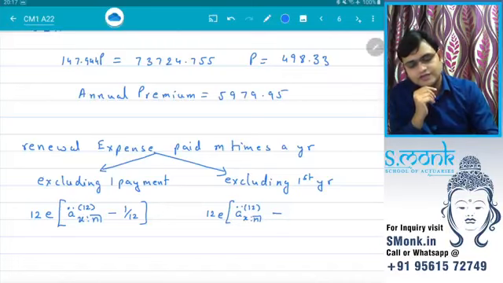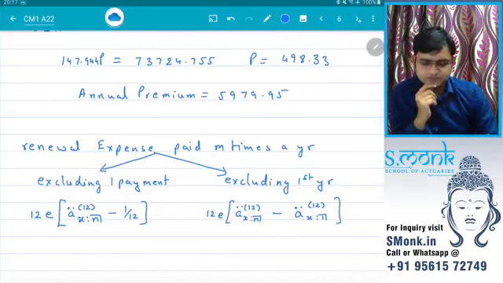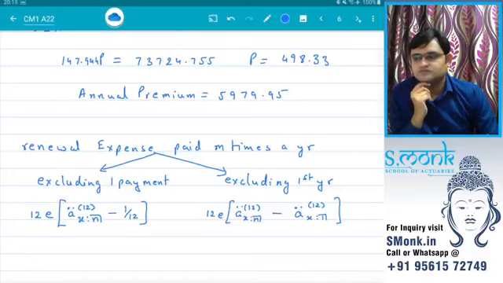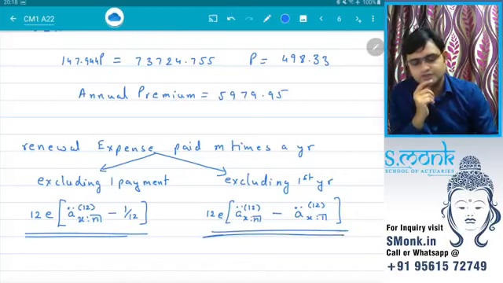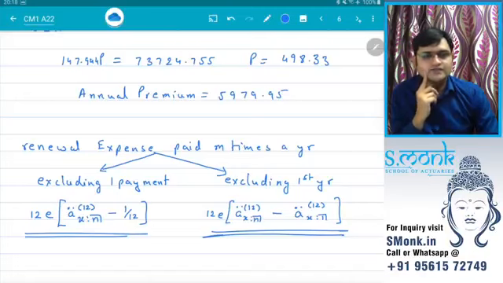So we will be subtracting all the payments that were supposed to happen in the first year. Later on we will see such questions where renewal expense will be paid more than once a year and we are excluding either one payment or a complete year. In those cases we'll have to do these two separate equations.